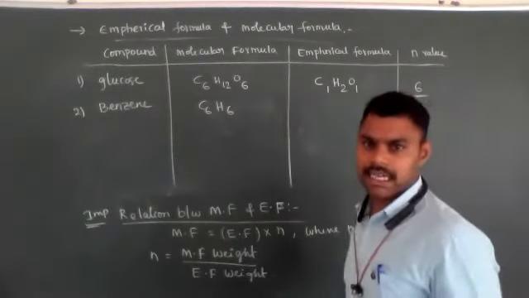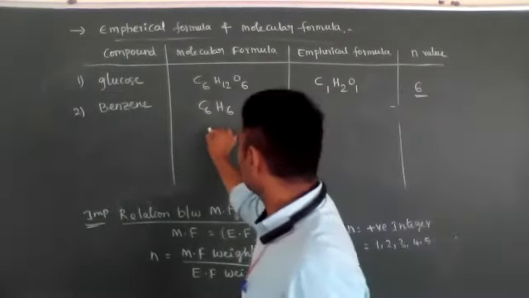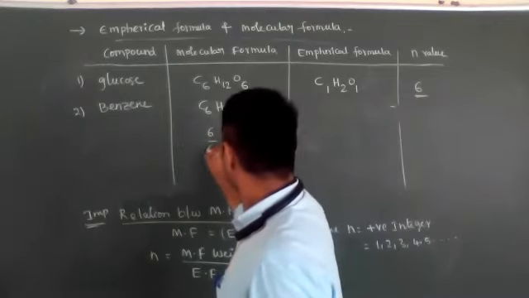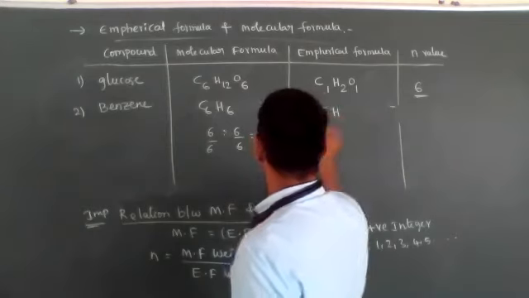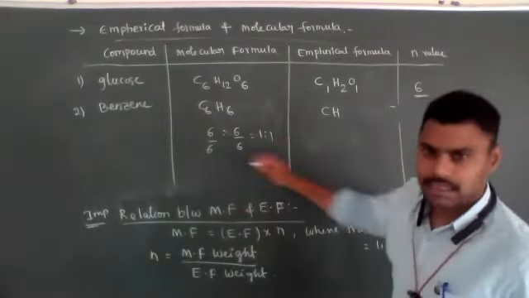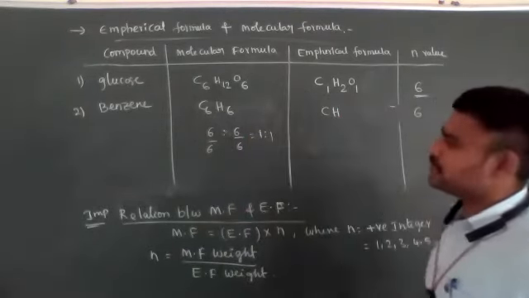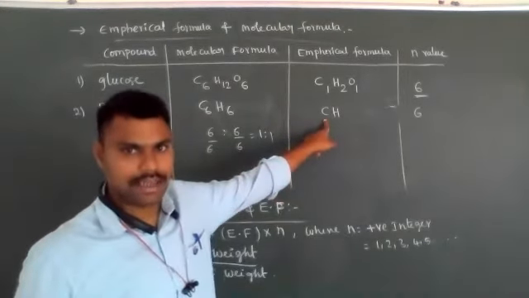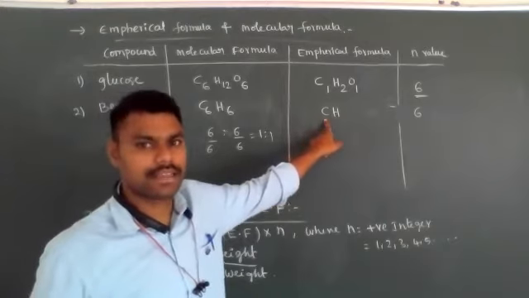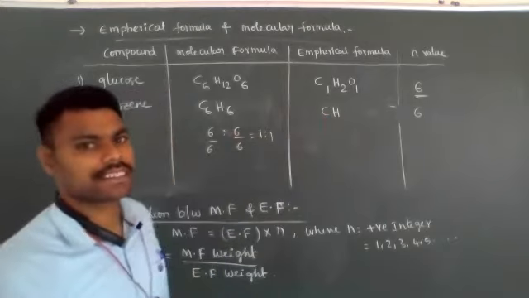C6H6. What is the simplest ratio? It means 1 is to 1, so CH. What is n? For benzene also n is equal to 6. But the empirical formula is different. The empirical formula is CH, and the molecular formula is C6H6.